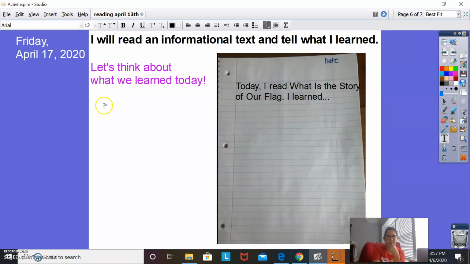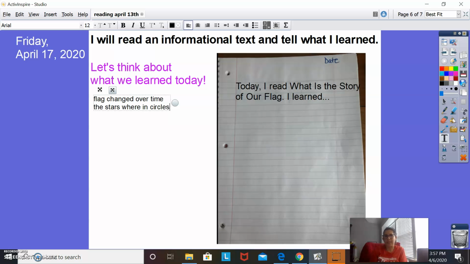I'm going to start here with, I learned the flag looked different, that it changed over time. Sometimes the stars were in circles. Those are 2 things that I learned.